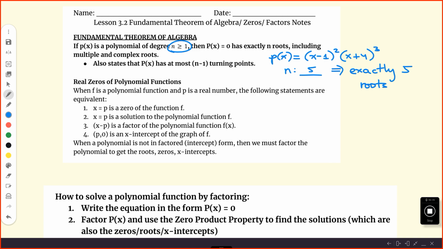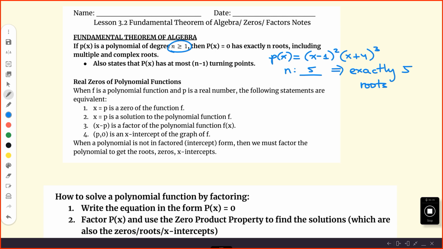Okay, and that includes, because sometimes when you try to graph a polynomial function, you can only see x-intercepts that are less than 5. If, for example, you have a different polynomial function, and you can only see 3 x-intercepts, but you know that the degree is 5, therefore the other 2 are imaginary.